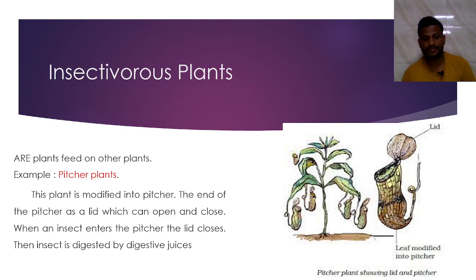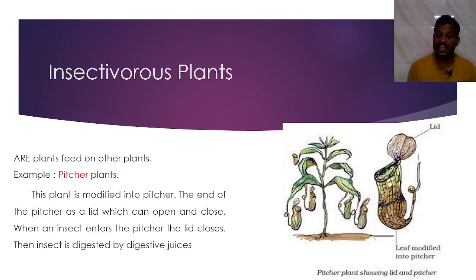When an insect enters the pitcher, the bucket-like or mug-like shape we see here in the figure, that is known as the pitcher, and on the upside there is a lid to close it. The pitcher is developed from the leaves.